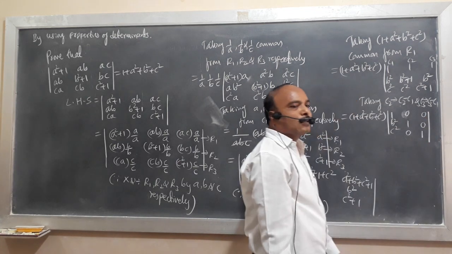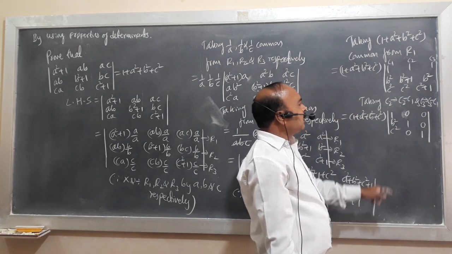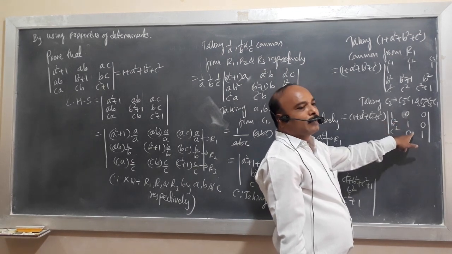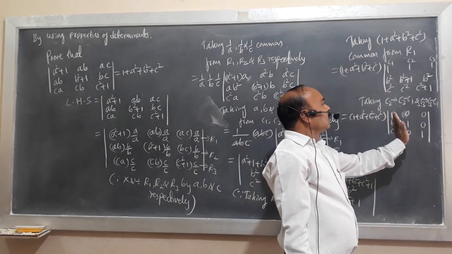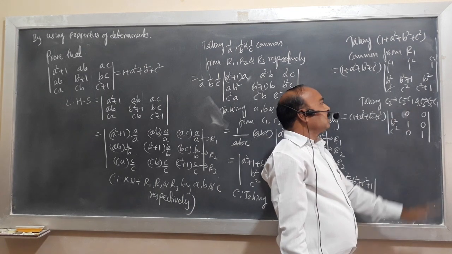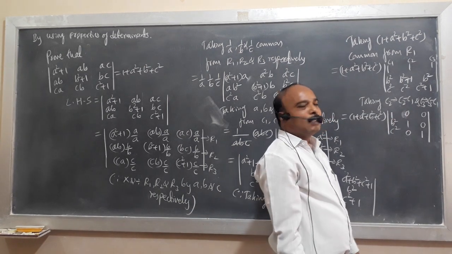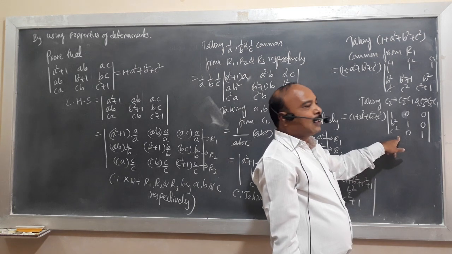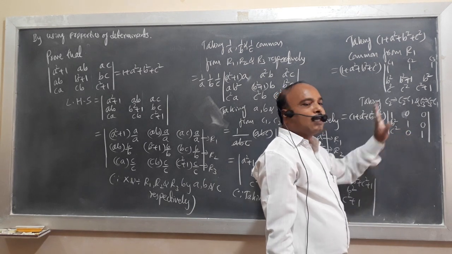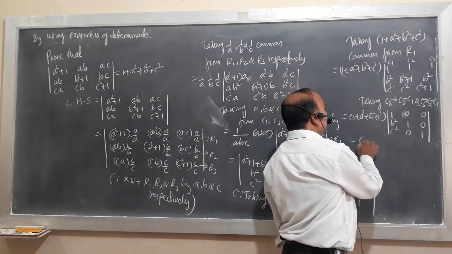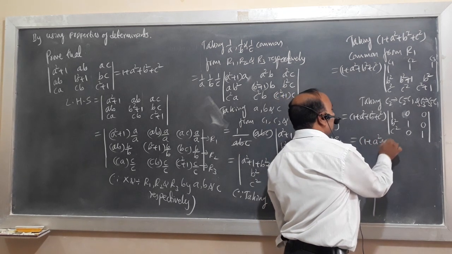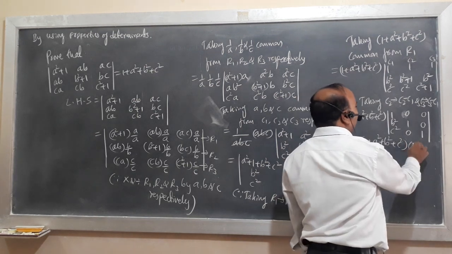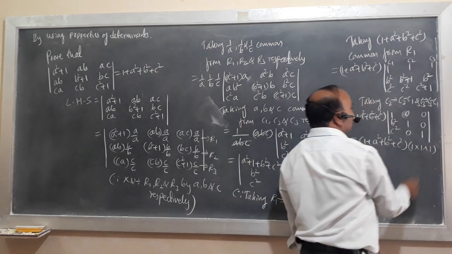Now we observe that this is the determinant of a triangular matrix, because above the principal diagonal each element is equal to 0. Therefore it is a lower triangular matrix determinant, and the result is equal to the product of the diagonal elements. So we write 1 plus a square plus b square plus c square into the product of diagonal elements, 1 into 1 into 1.